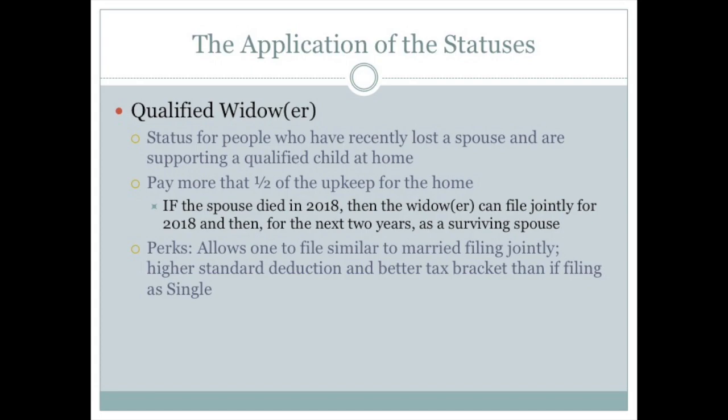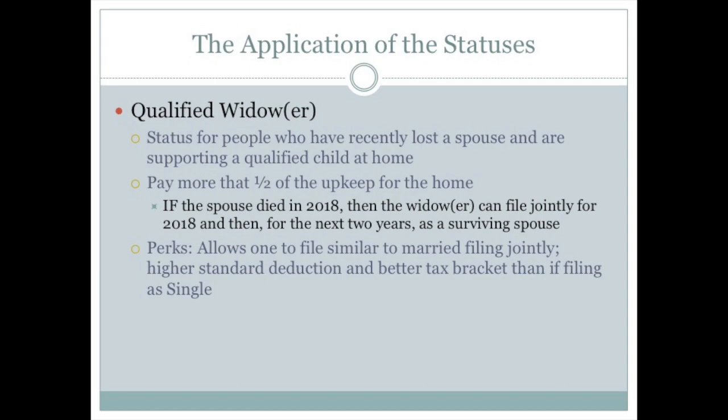The qualified widow or widower status is for people who have recently lost a spouse and are supporting a qualified child at home. The widow or widower must have paid more than half of the upkeep for the home during the taxable year.